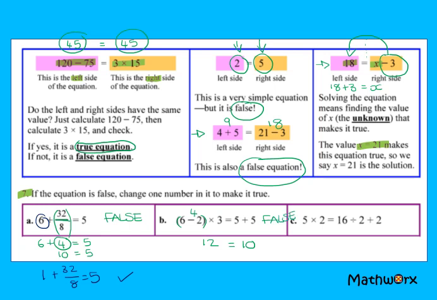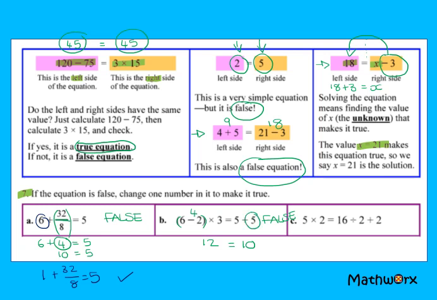Okay, and how do we change one thing here to make it true? Let's leave the 12 as it is. What can we change on the right-hand side in order to make it true? We mustn't have 5 plus 5. What do we add to 5 to make 12?